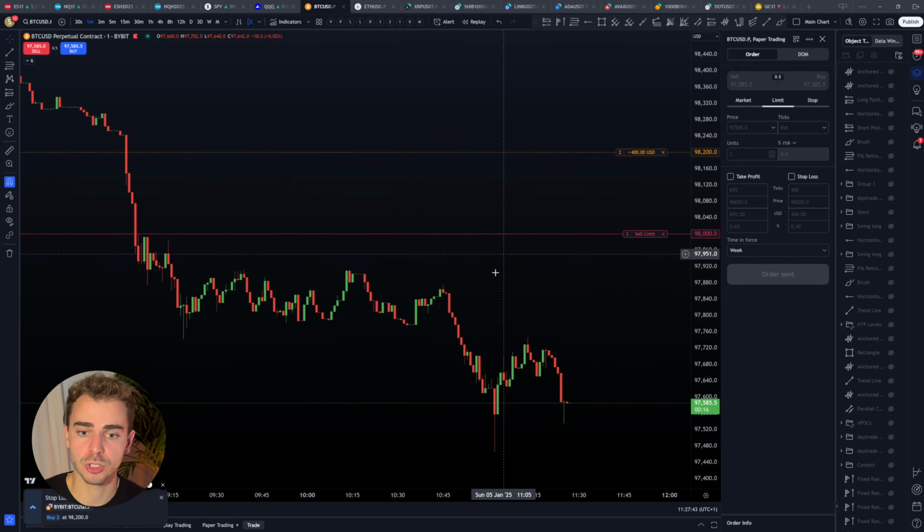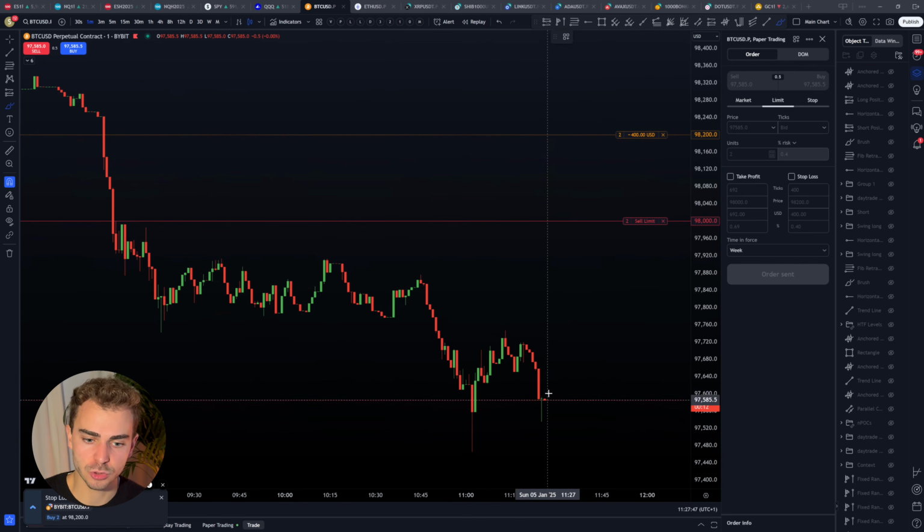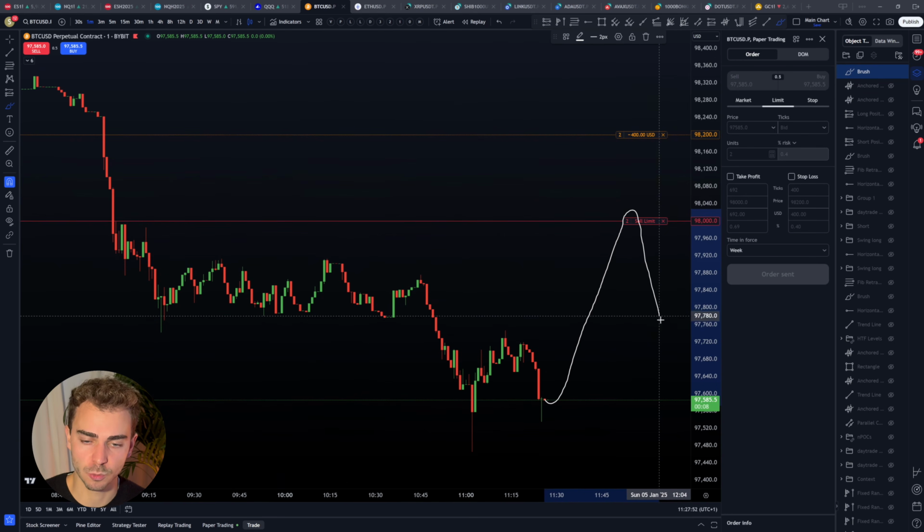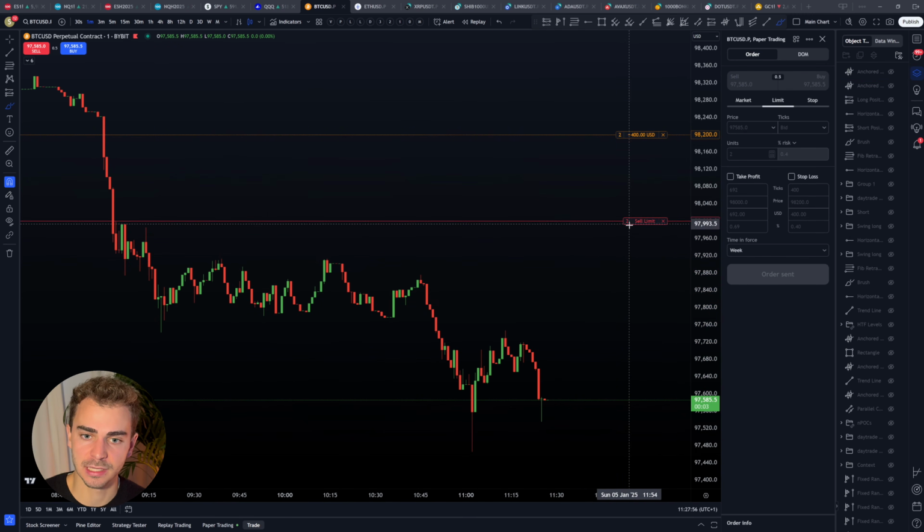So this limit order is only going to be executed if price increases and hits the 98,000. So once that level is hit, it is going to execute the sell limit, and it is automatically placing my market stop loss.